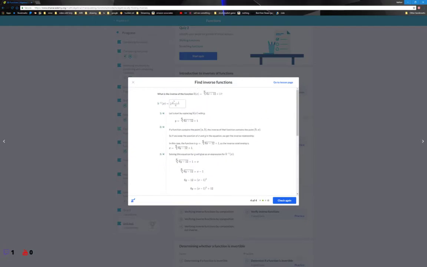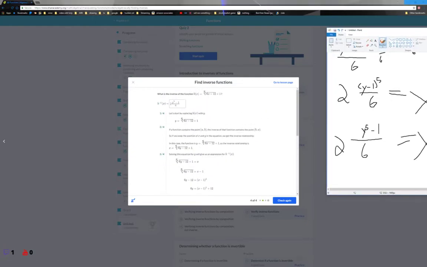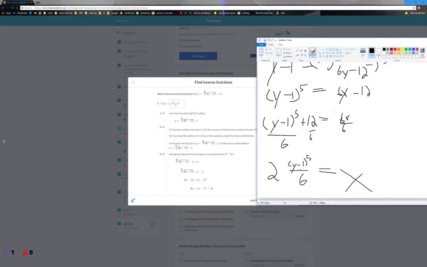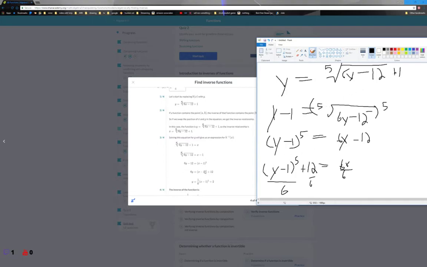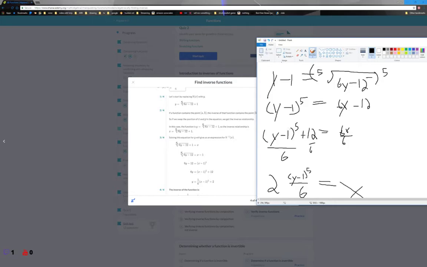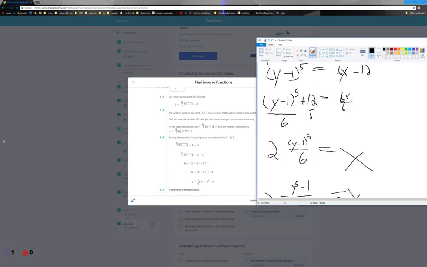So we'll see what we did wrong. First, start by replacing with y. They switch the x and the y. We don't have to; we can switch it at the end. So it'd be plus 1. We did minus 1 here. And then they did to the 5th, plus 12 times 1/6.